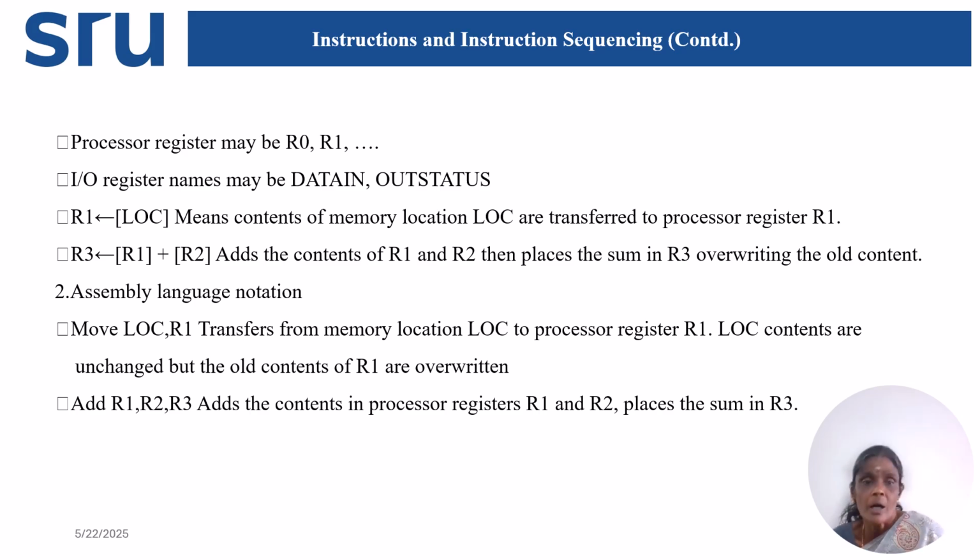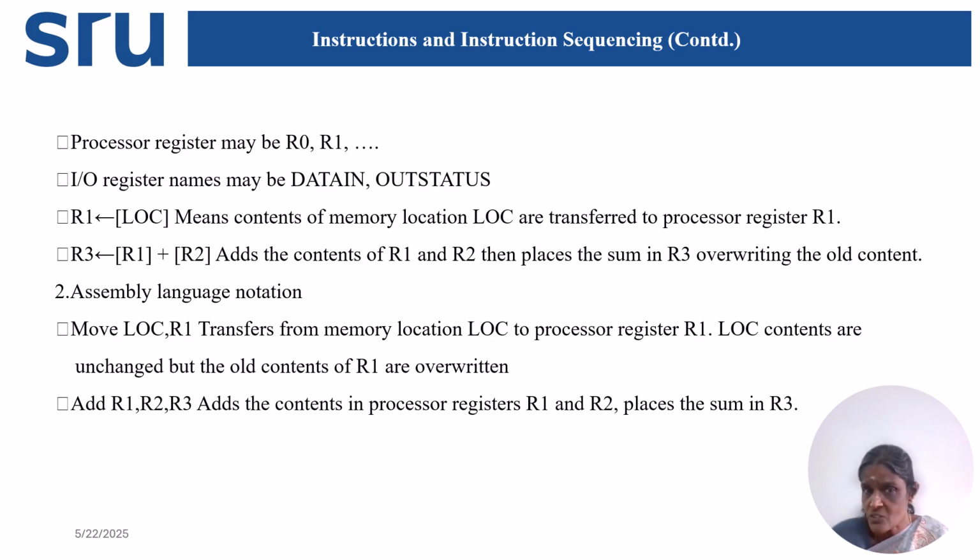How are they the same? They are saving data. But how will we know whether the data is saved by memory, processor register or IO register? By mentioning it in terms of words. For memory location, LOC will be given.